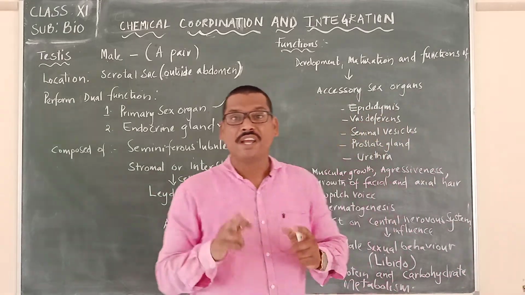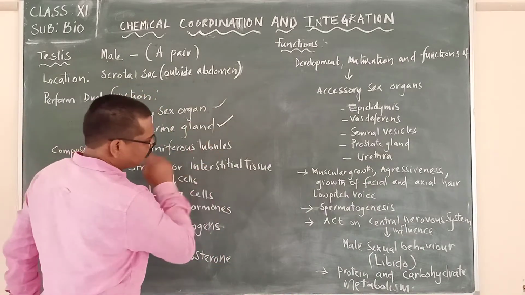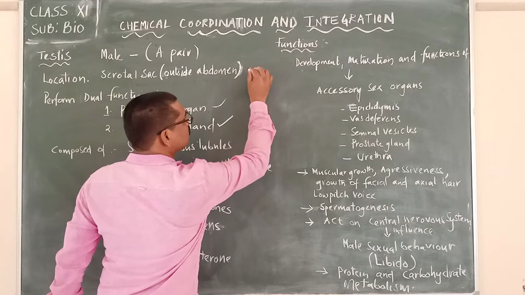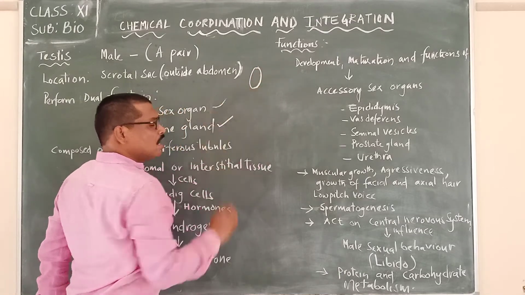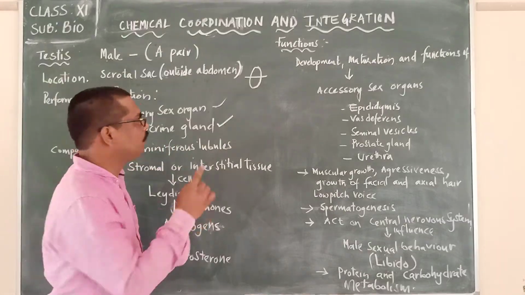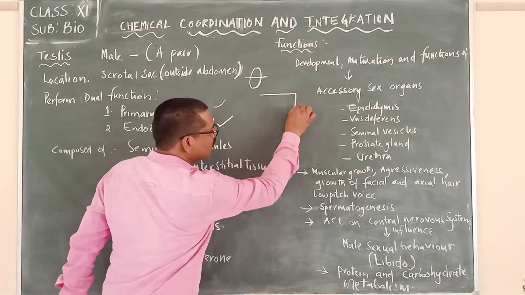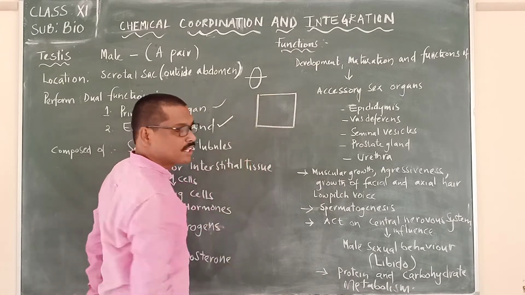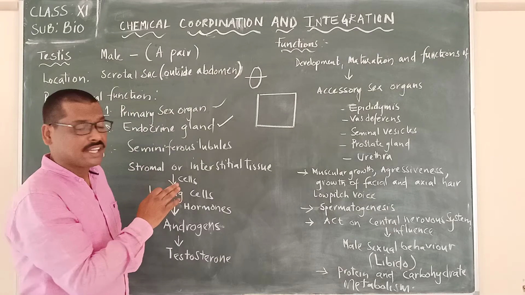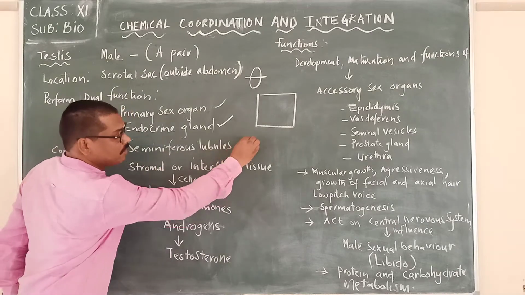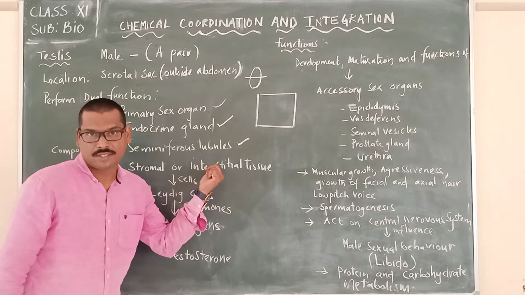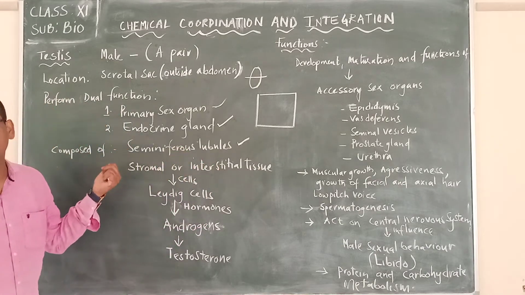For example, if we take one testis and take a transverse section of the testis, inside the testis there will be seminiferous tubules and stromal or interstitial tissue.